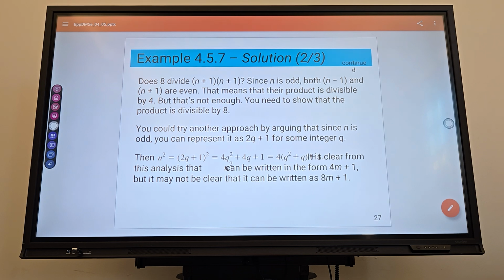Then (2q plus 1) squared equals n squared, which equals 4q squared plus 4q plus 1, which is equal to 4 times the quantity (q squared plus q) plus 1. It is clear from this analysis that n squared could be written in the form 4m plus 1, but it may not be clear that it can be written as 8m plus 1.